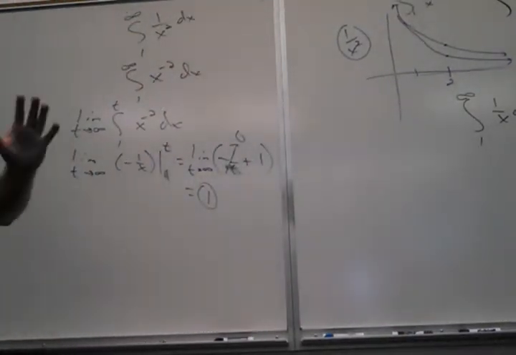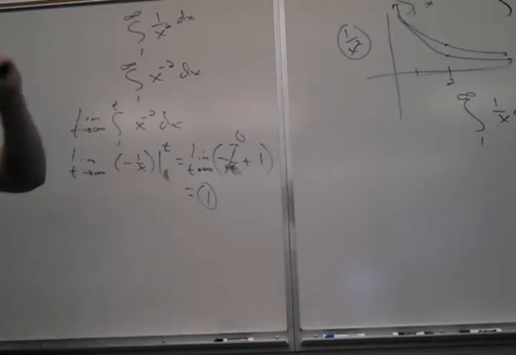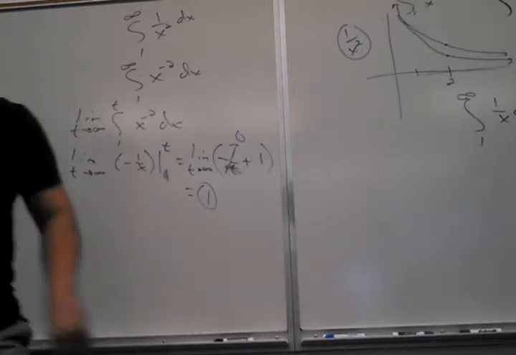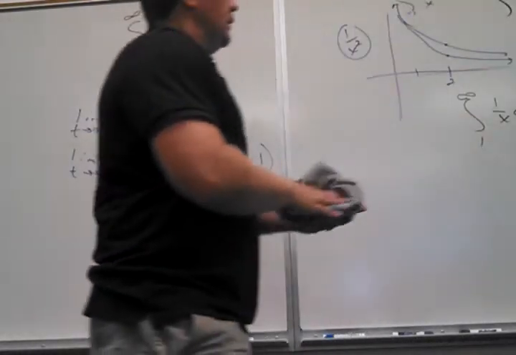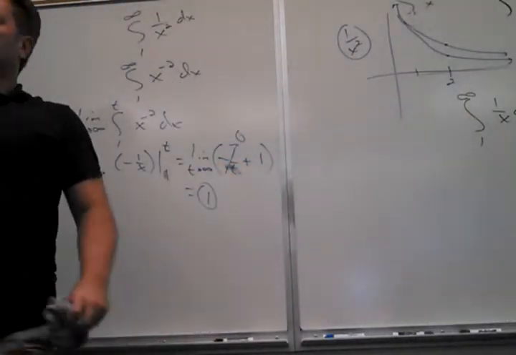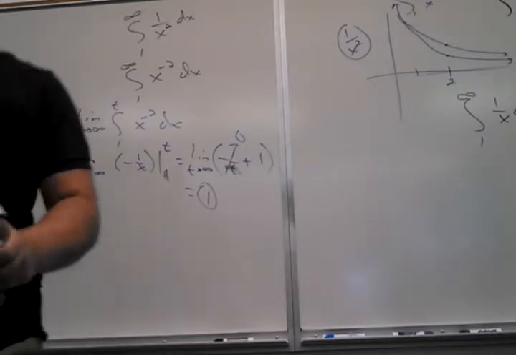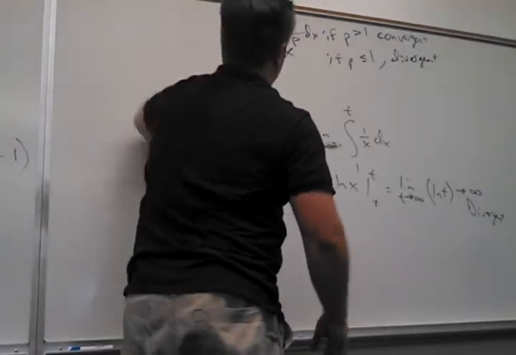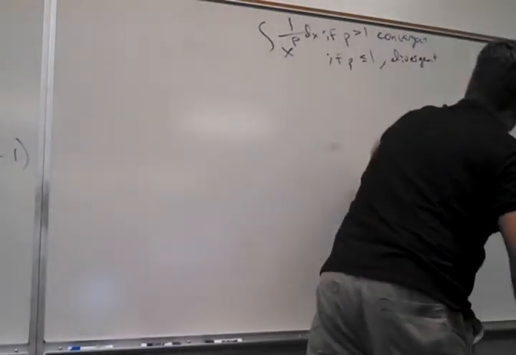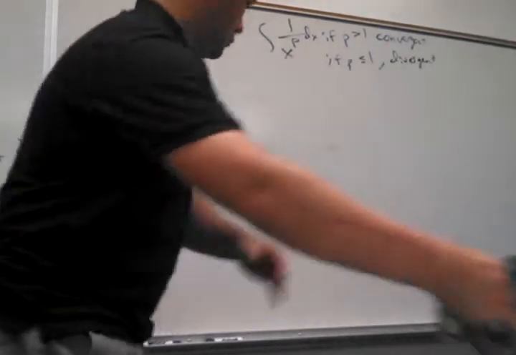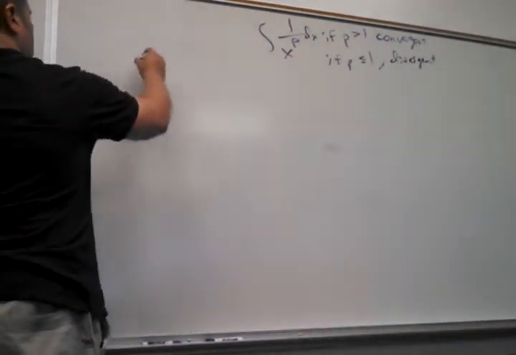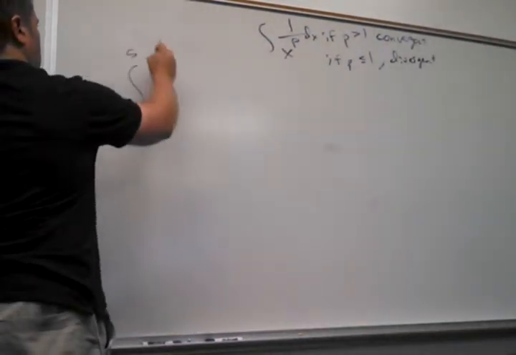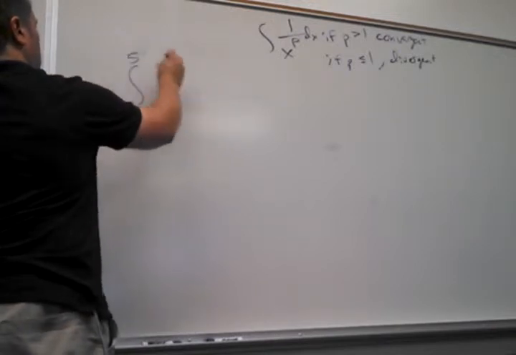Okay, so the other kind of thing that can happen, so that's how we handle it if one of the limits themselves is infinity. What do I do if it's the integrand, the expression on the inside, that is infinite somewhere? So for example, if I had this one.